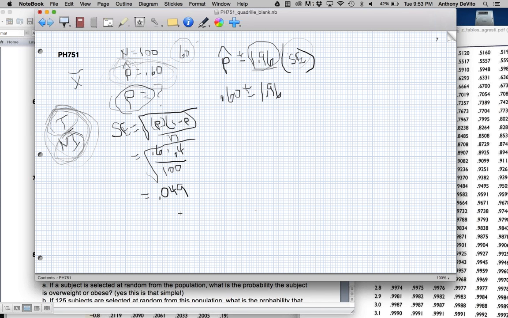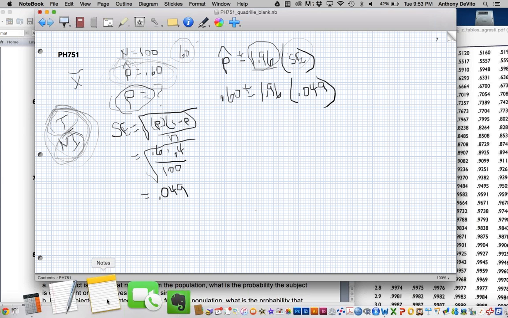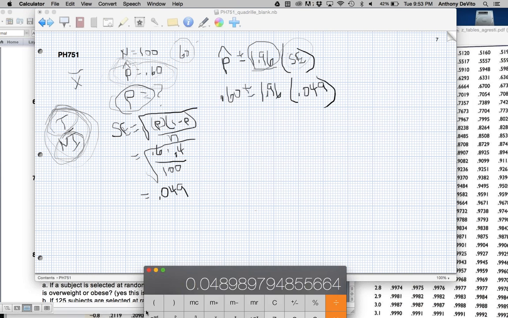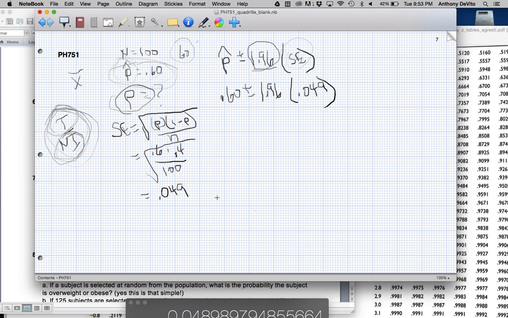Rounded it a bit. So now I'm going to use that for my standard error, 0.049. I'm going to say to myself, that was the number I had, right? There wasn't another zero in there, was there? Nope, that was the right number. Okay, good. So now I'm going to go ahead and resolve my 95% confidence interval.